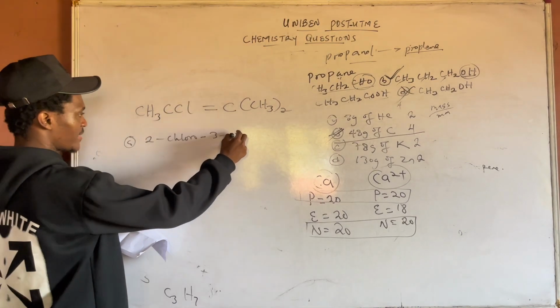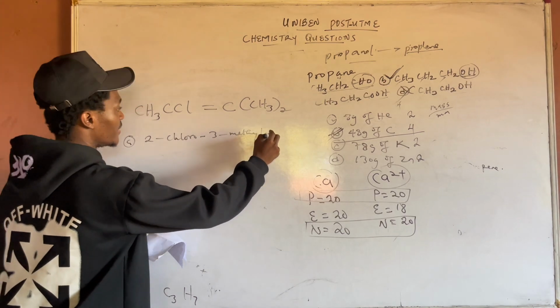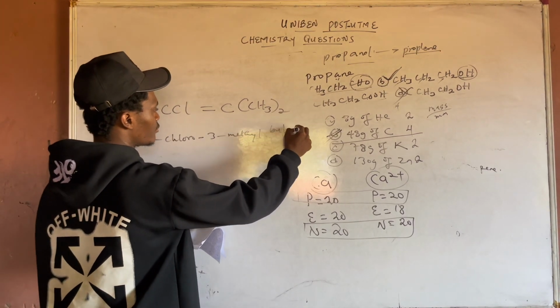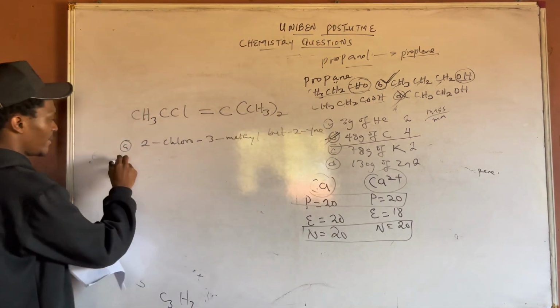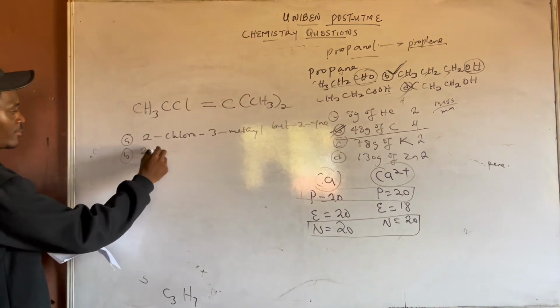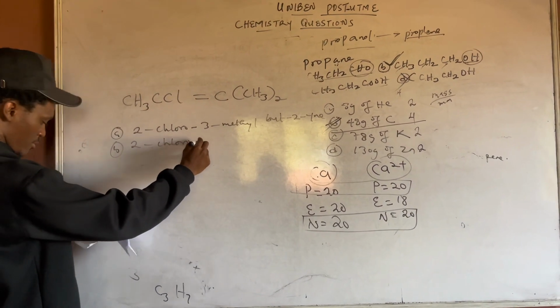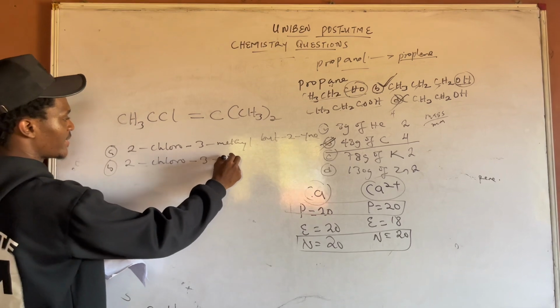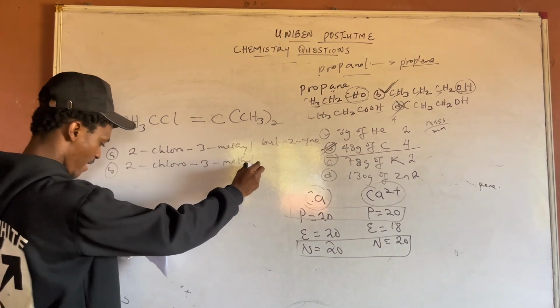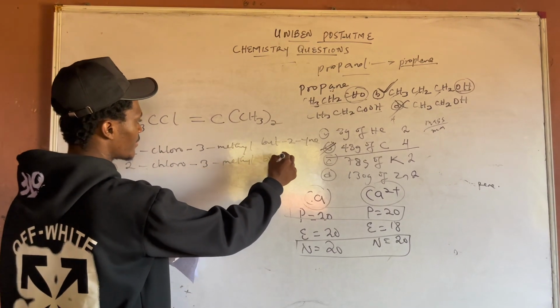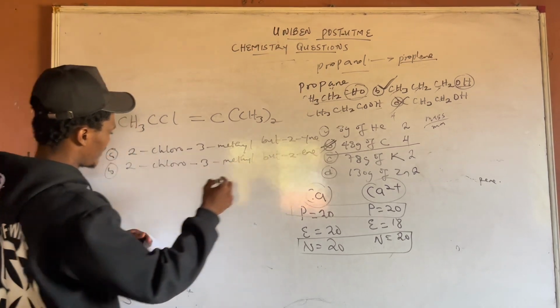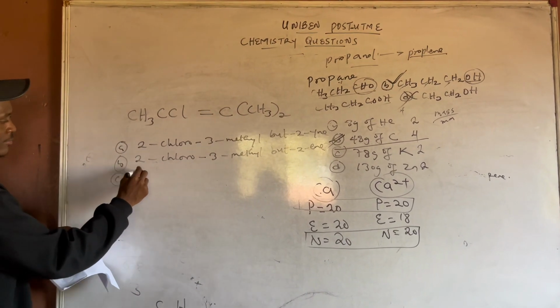A, 2-chloro-3-methyl-3-methyl, then root 2-ene. Then B, we have 2-chloro, then 3-methyl, then root 2-yne.